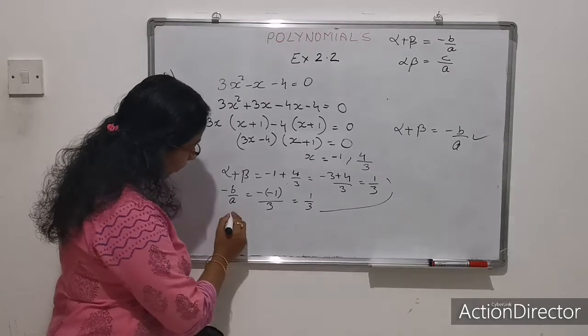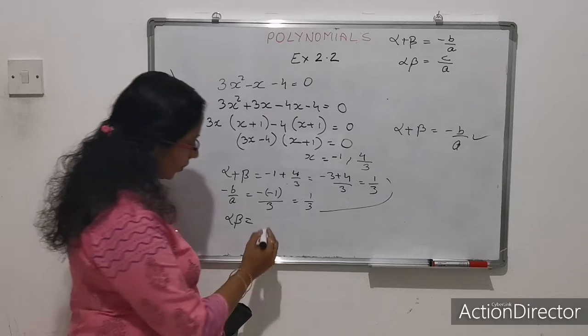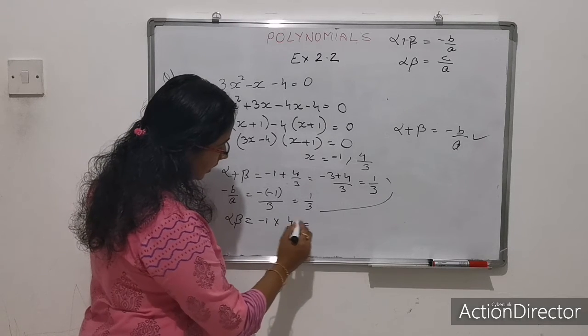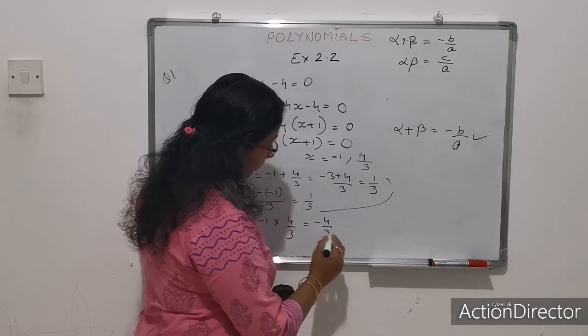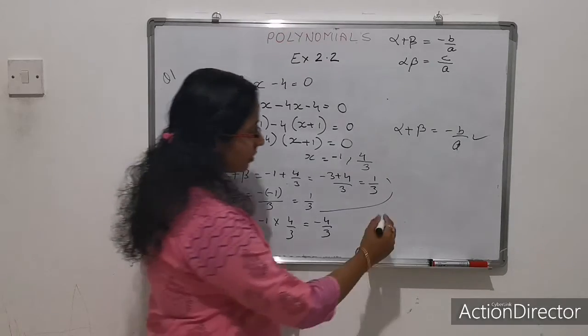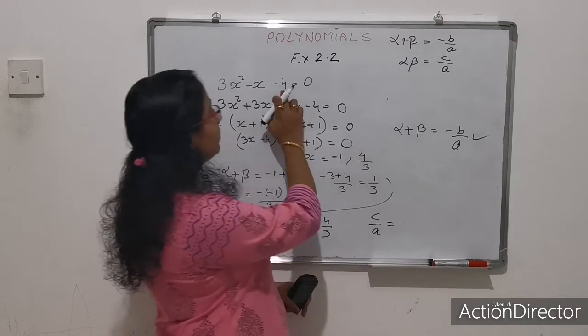Right? Now alpha beta is equal to minus 1 into 4 by 3. That is 4 into minus 1 is minus 4 by 3. Right? Now what about this? C by a. C by a is equal to, this is what?